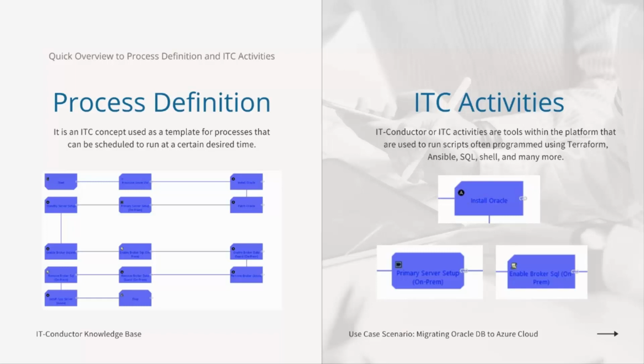ITC activities, on the other hand, are tools within the platform that are used to run scripts. As you can see, these activities are the ones making up the process definition. In the process definition developed for database migration, we mostly use Terraform and Ansible scripts, but ITC activities in general can be anything like SQL or shell scripts as well.